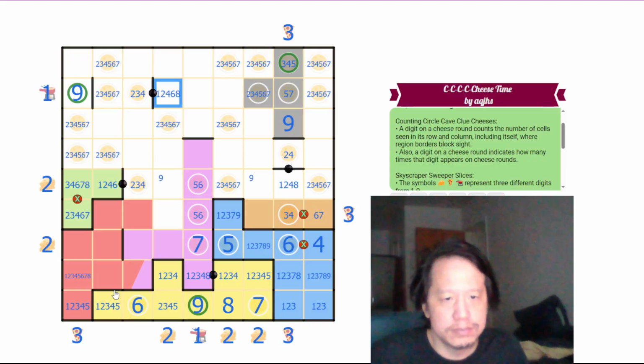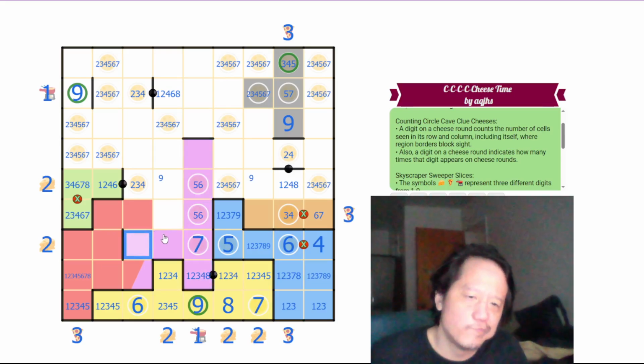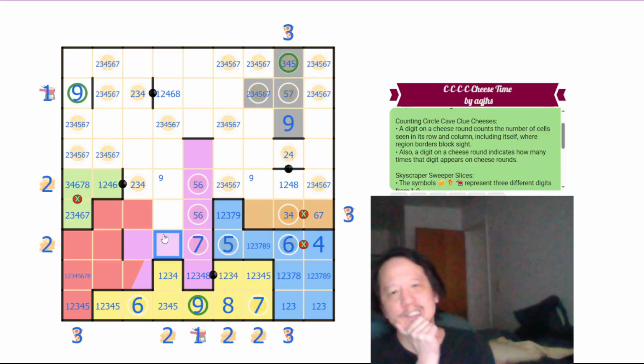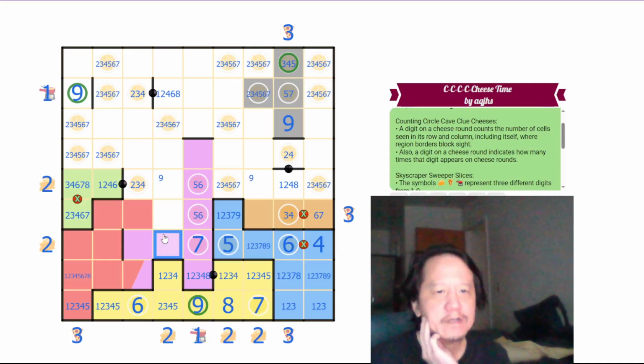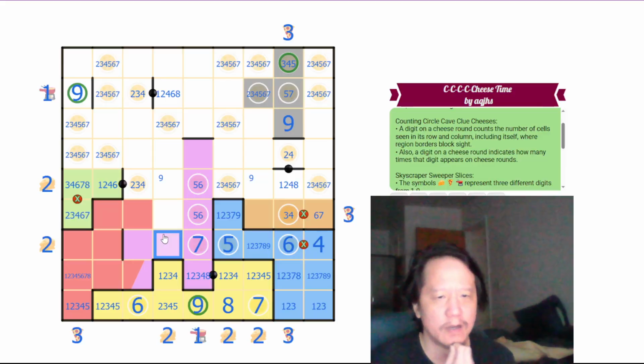Maybe we should have gone through the 3 more. Ugh, this is annoying. There's quite a bit of possibilities here. It's basically trying to find the contradictions here. That's kind of the issue.